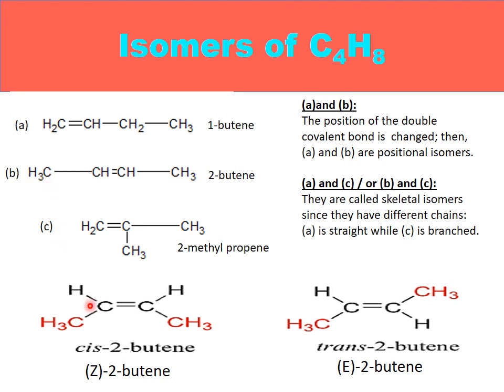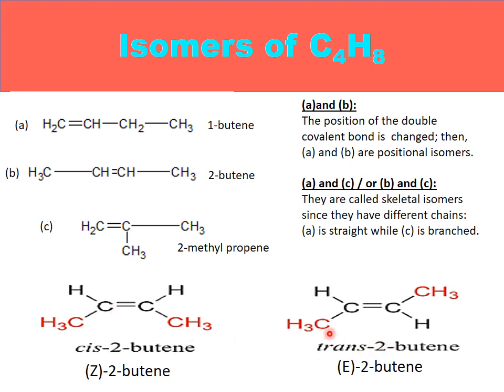So if the first group CH3 on the first functional carbon atom and the second CH3 on the second functional carbon atom are directed to the same side, then this compound is called cis-2-butene. Cis, since they are directed to the same side. 2-butene, since the double covalent bond is attached to the functional carbon number 2.